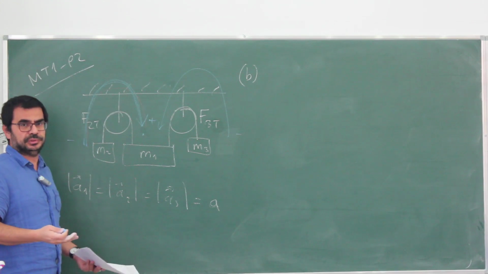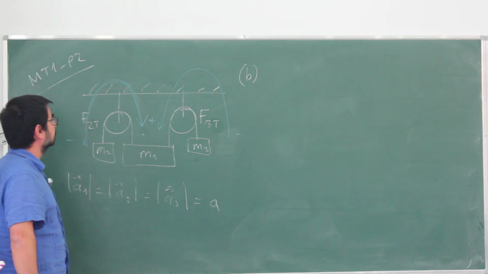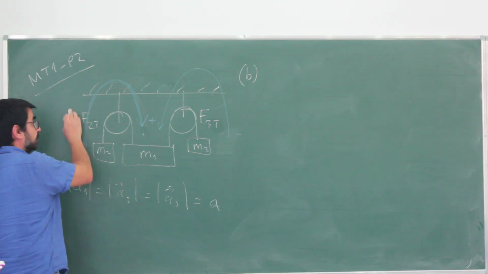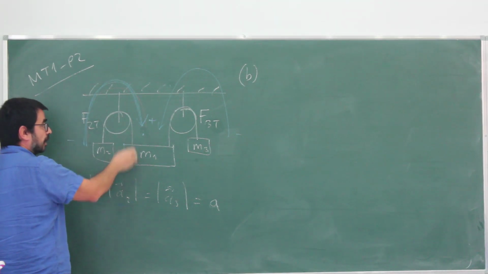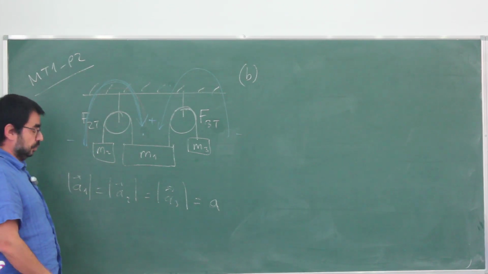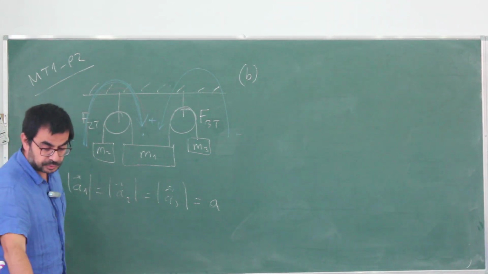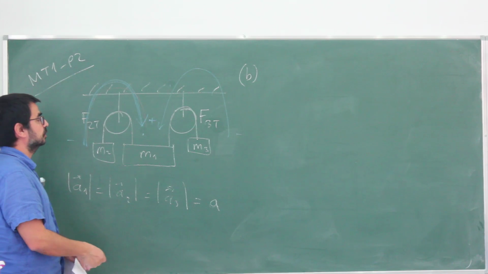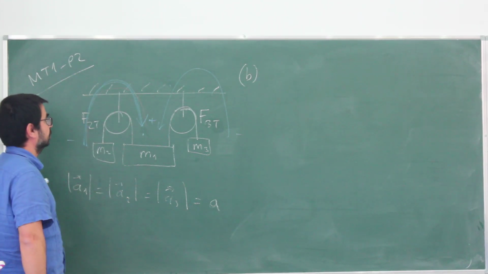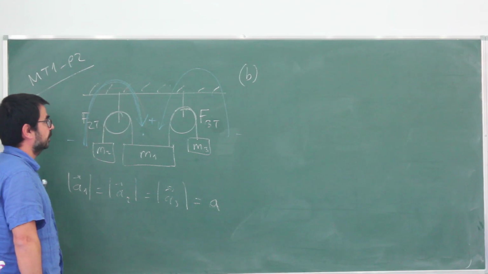It's one-dimensional motion, so you can imagine that you open this up. For M2, up is going to be positive. For M1, down is going to be positive. For M3, up is going to be positive. This is the convention used in the book, so hopefully it's familiar. But you don't have to use this one. I'm going to switch to another convention and solve the problem that way as well.